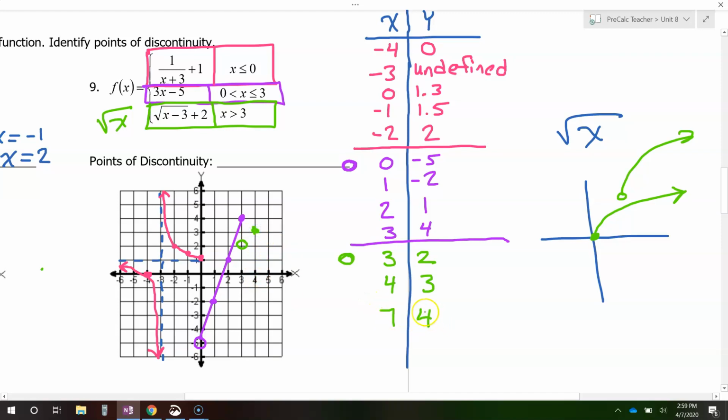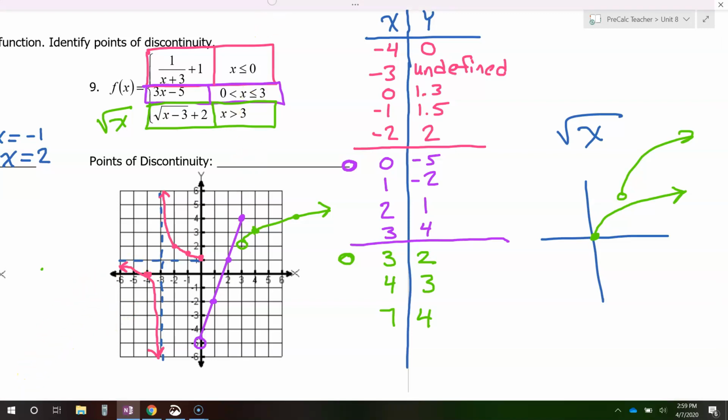And then 7 comma 4 is just a tiny bit off the graph, but it's still good. Be right about here. And we see the shape that it's trying to make. So we're just going to make that curve. All right, and there you go. We have now graphed this magnificent piecewise function.